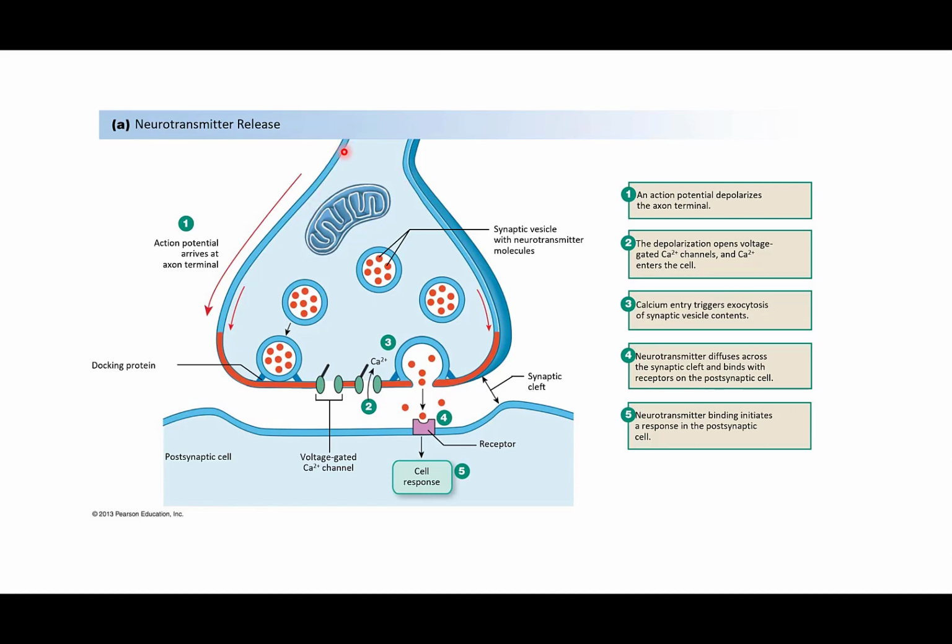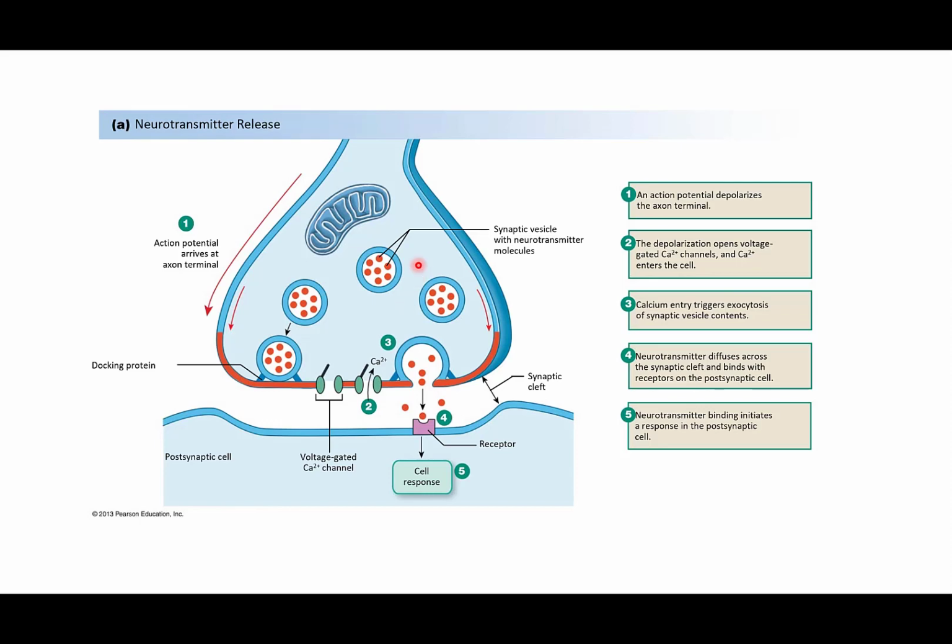So as this depolarization moves along the membrane and it reaches the axon terminal, this depolarization causes calcium channels to open. So we have gated calcium channels, and what occurs is we have an influx of calcium into the cell. As this calcium concentration, the intracellular calcium concentration increases, that triggers exocytosis of synaptic vesicles.